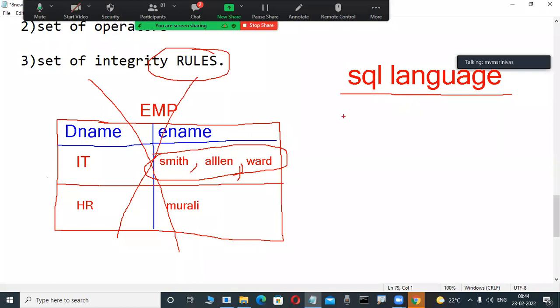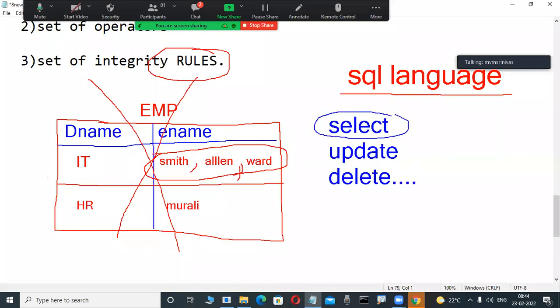SQL language is the problem. Table creation with commas works, fine. But what is the problem with the SQL language? Suppose in the future you are learning SQL for operating these relational databases. There are commands like select, update, delete. A select statement selects data from the database.